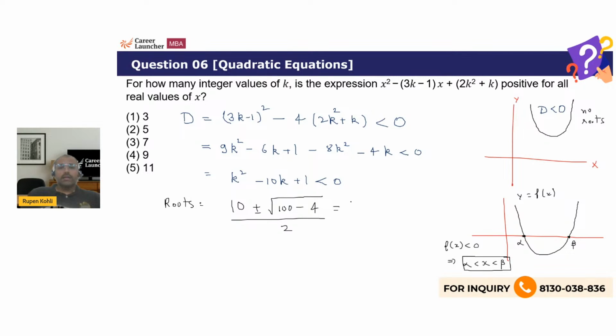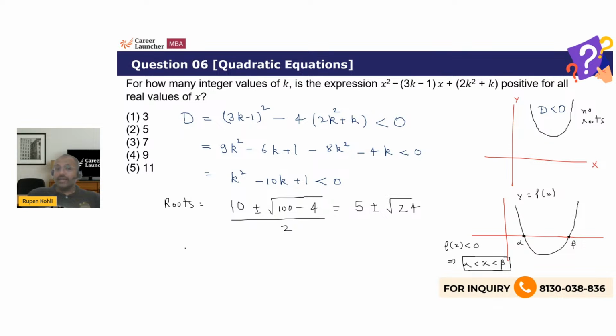Simplify this. So this is root 96, right? So 2 can be factored out and the 2 will cancel with the denominator. Root 96, so 96 is 4 into 24. So 4 will come out as 2 from the square root. So that 2 I'm directly cancelling and I'm getting 5 plus minus root 24. Simple. So the roots are 5 minus root 24 and 5 plus root 24.